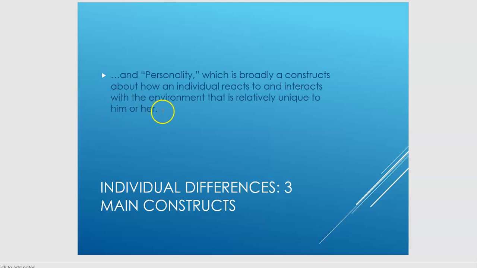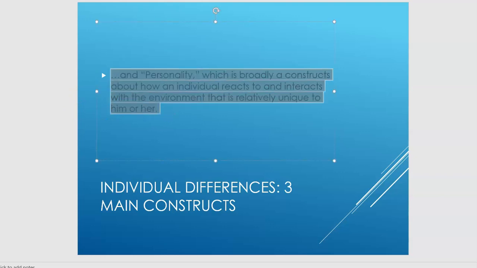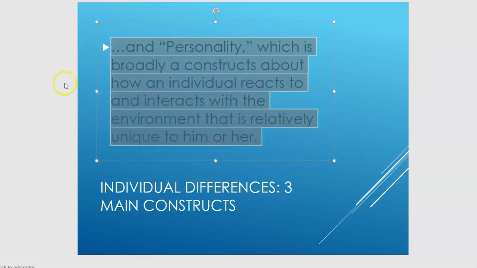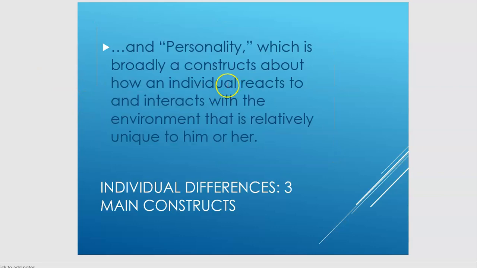So now getting back to the five-factor model, the other big construct, the first two being intelligence and the second one being aptitude, which developed out of the measurement of intelligence but is more particular and less general. The other one that psychologists have been trying to measure for a long time is personality.